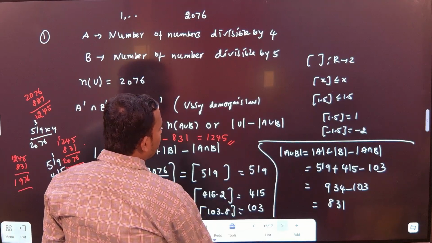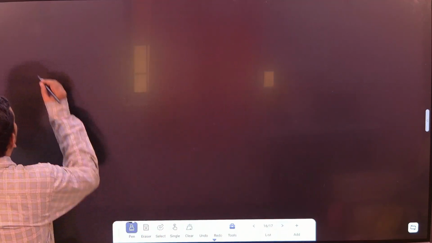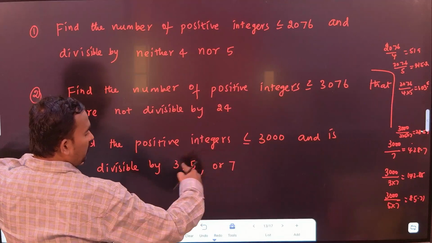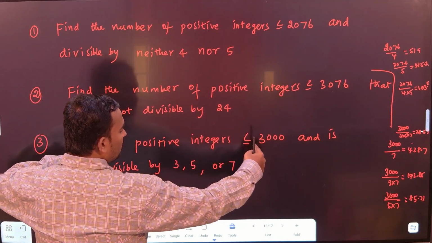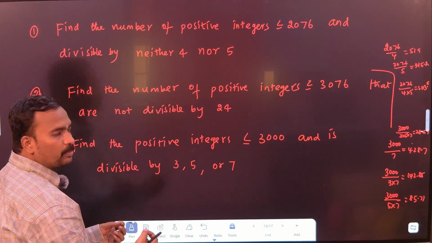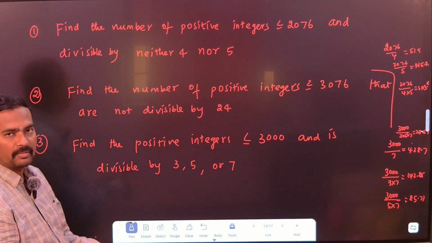So how many natural numbers are there from 1 to 3000 that are divisible by 3, 5 or 7?